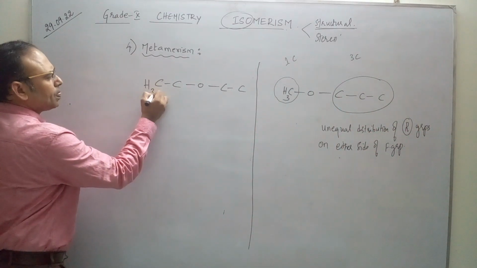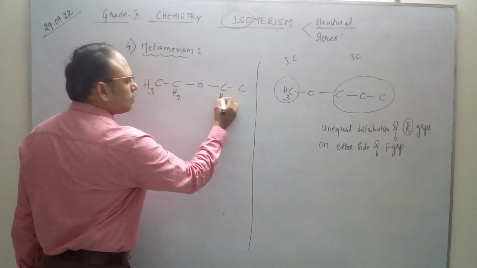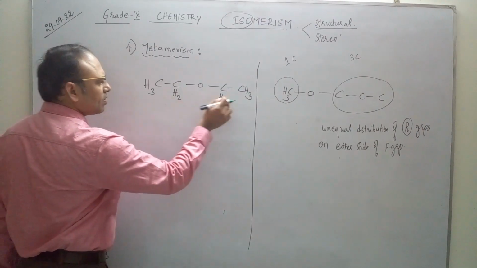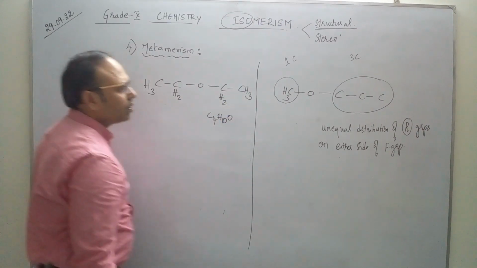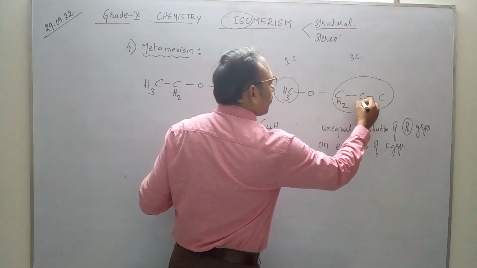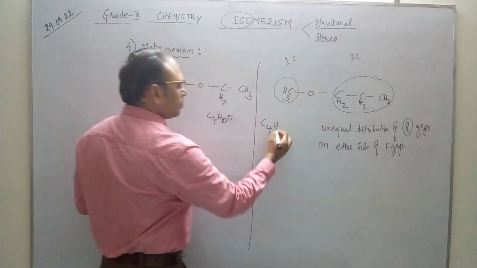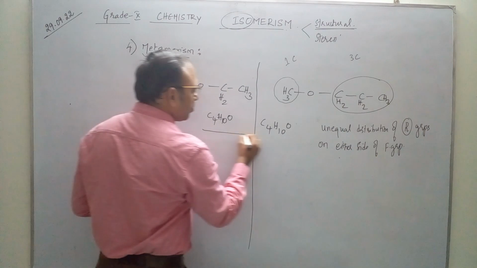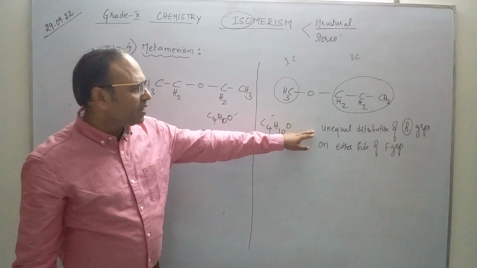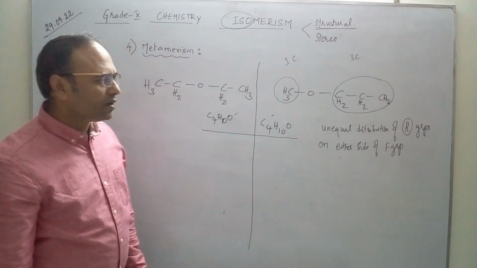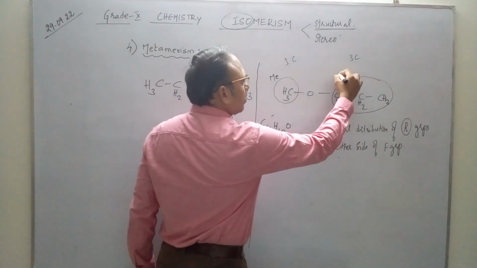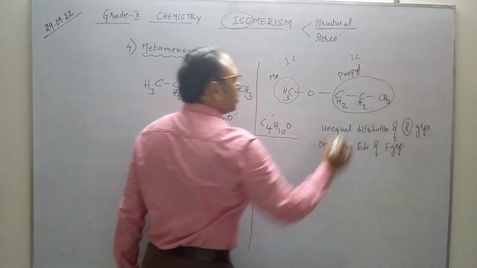Now counting the molecular formulas here. What is the molecular formula? C4H10O. Now C4H10O. So both the compounds have the same molecular formula, but what is the difference? In the other compound you have unequal distribution of alkyl groups on either side of the functional group. So here you are having methyl, that is 1 carbon. Here you are having propyl, that is 3 carbons.